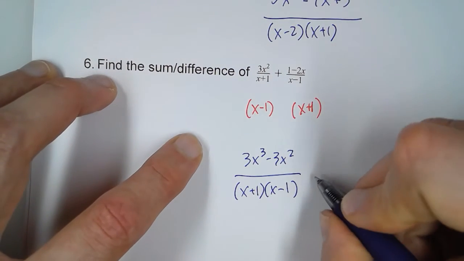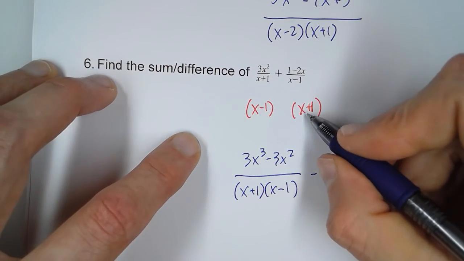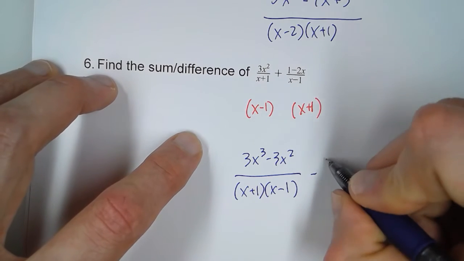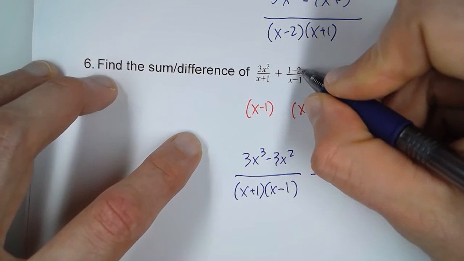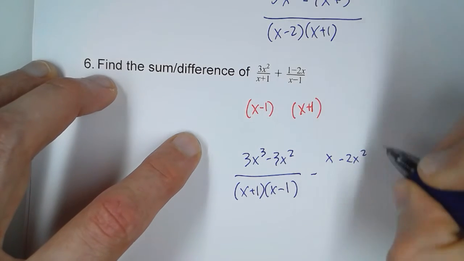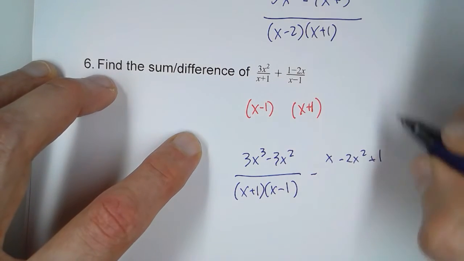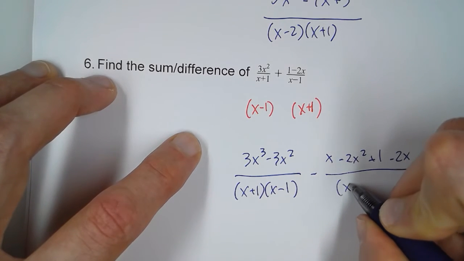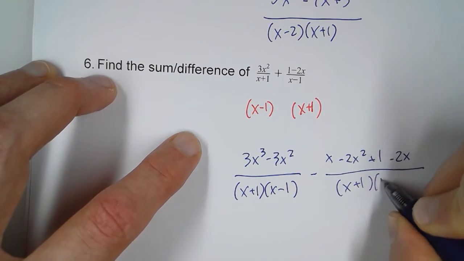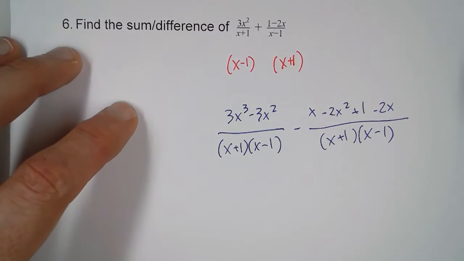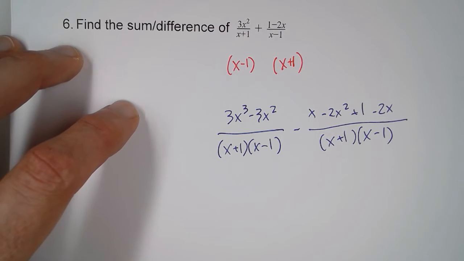This fraction, we're going to have to expand that. So x times 1 is x, x times negative 2x is negative 2x squared, 1 times 1 is 1, 1 times negative 2x is minus 2x, all over x plus 1 times x minus 1. Again, we're going to leave the denominator in factored form.